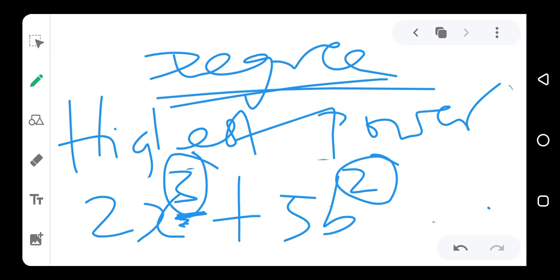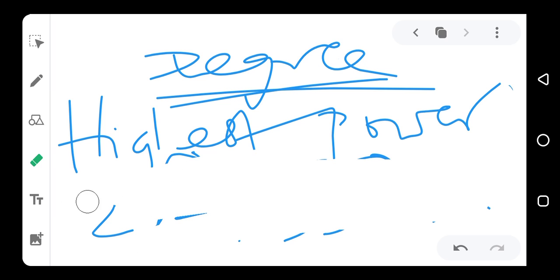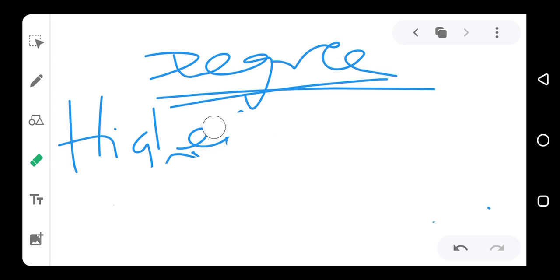Now, we have rules that guide the identification of a polynomial. It is not just every combination of variables or variables and constants that is a polynomial.